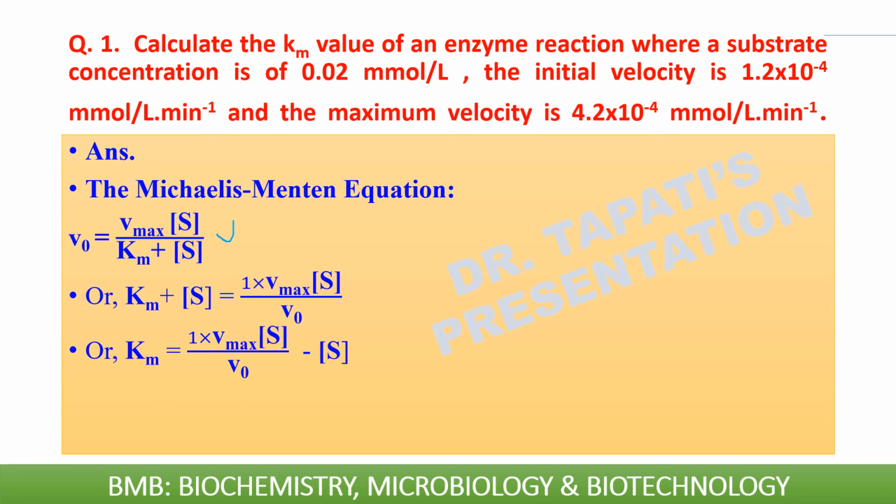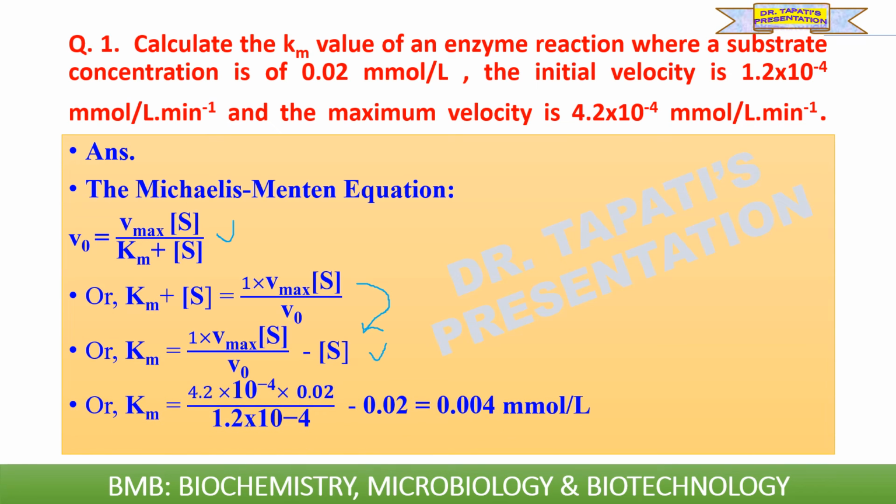So Km = (Vmax × [S] / V0) − [S]. If we put all the values other than Km, then we can find out the value of Km.